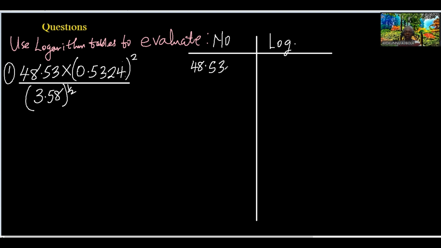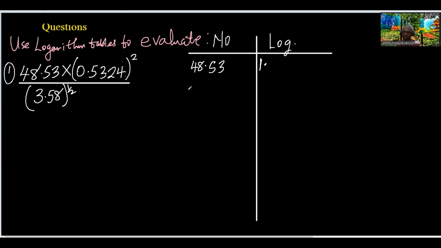If it's a number that has a point, we move the point to the front of the first non-zero digit, which is 4, and this point is going to go one step left. That is positive 1 here because it's one step. Then we need to check logarithm 48 under 5 difference 3.